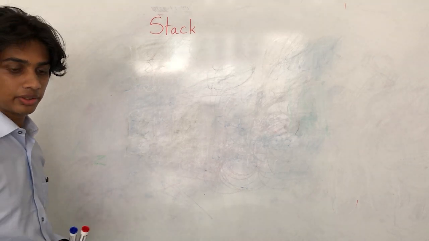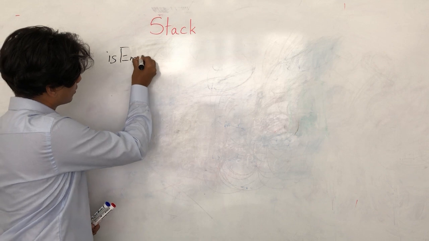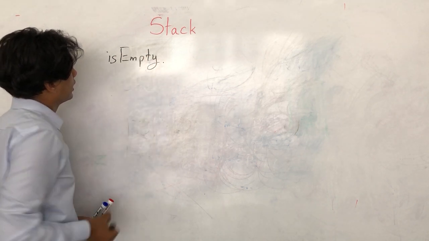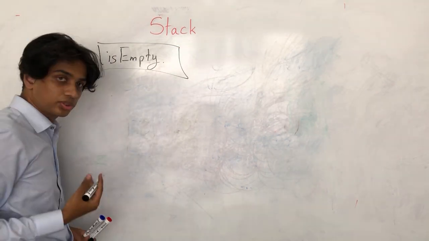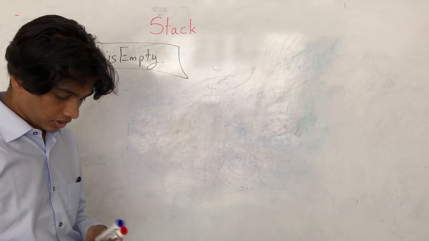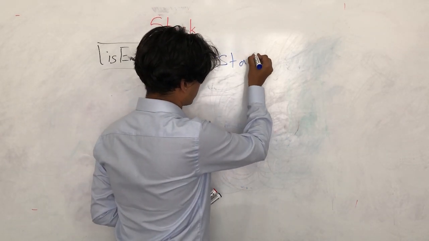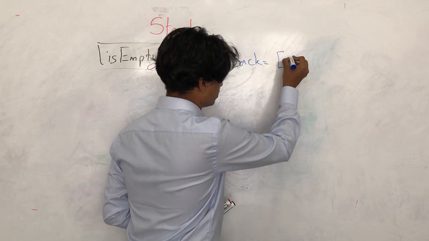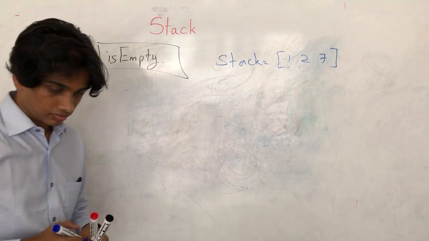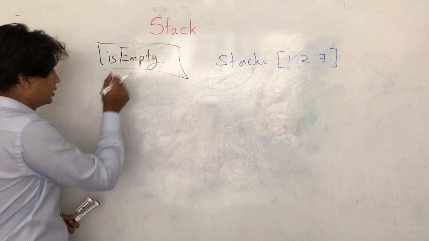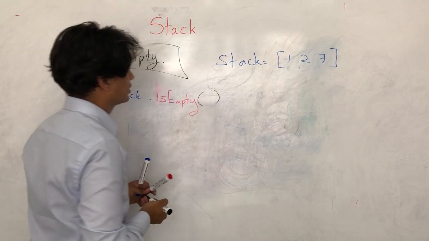After that, we are going to take a look at the isEmpty method. In the isEmpty method, I will only be returning boolean values, which will be true or false. Suppose we have the stack which I used earlier with 3 elements, 1, 2 and 7, and we use this isEmpty method on the stack in its current state.